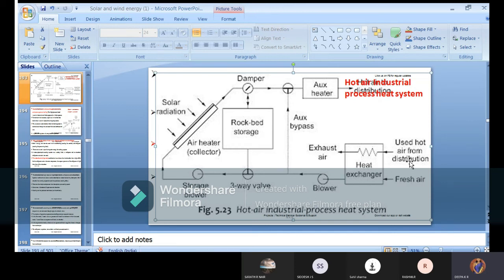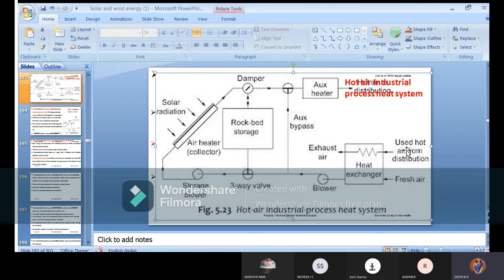So used hot air from the distribution, then fresh air, means two outlets. One is in, and the already used air means you're reusing the system. You're not wasting anything, you're reusing. Sometimes, if you're cooking in a kitchen, let us assume you're going to prepare pulao, you have to pour two glasses of water.